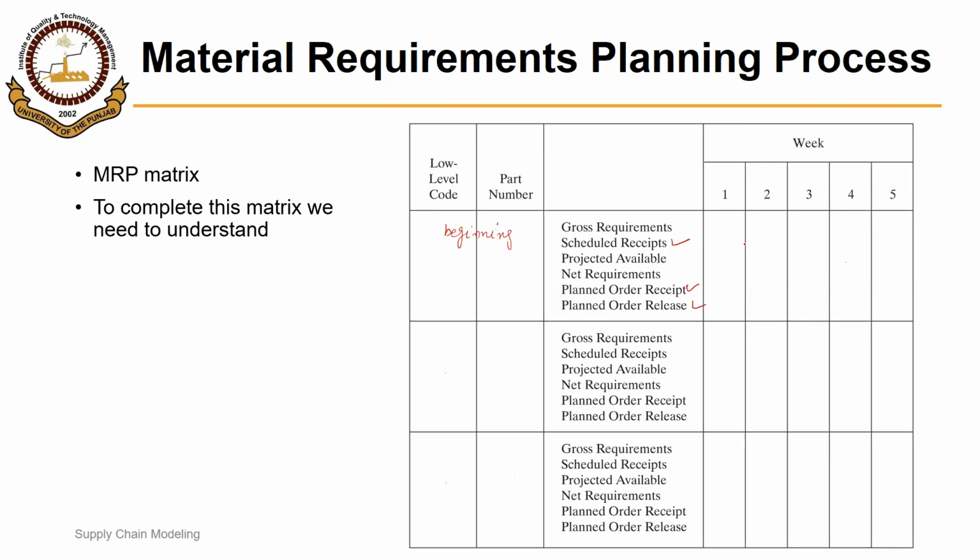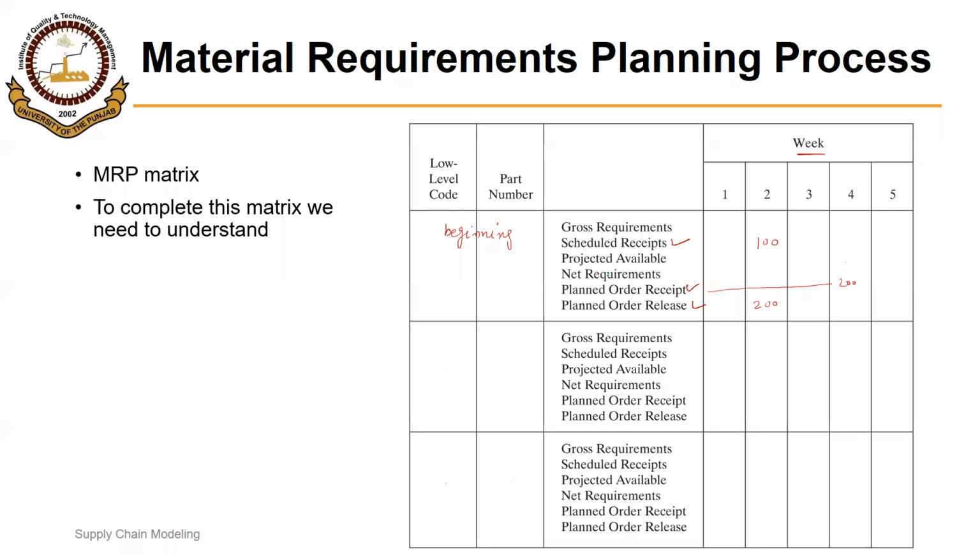So for example, if I have a scheduled receipt of 100, that means I will receive 100 units at the start of week 2. Same for a planned order receipt of, say, 200, which will be at the start of week 4 in this case. And 200 here means the order will be released at the start of week 2.